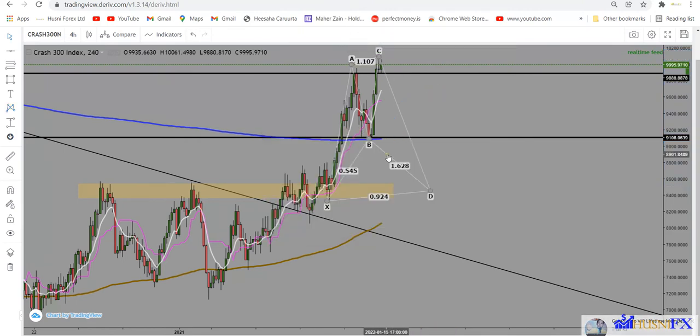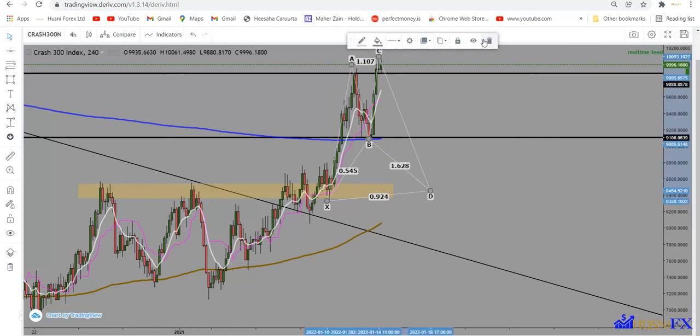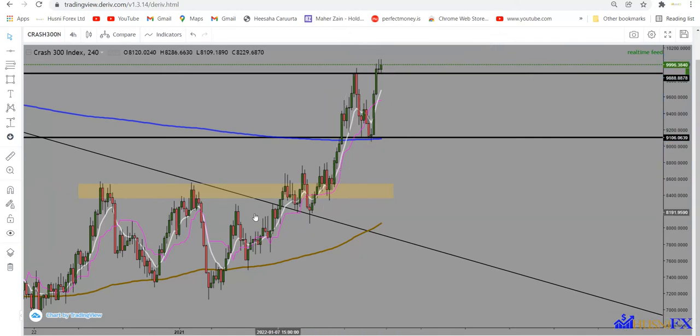Guys, we also have the second structure of the top-down analysis at 4 hour. You can see we have here resistance, and we have here support, and we have another support here.